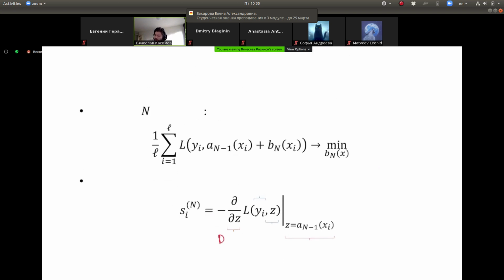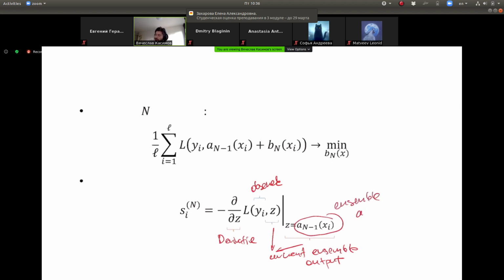Here we take the derivative. This is what we observe from our data set, and this is the current ensemble output. So it's very much like gradient descent, but it's gradient descent over the points of our ensemble answers.